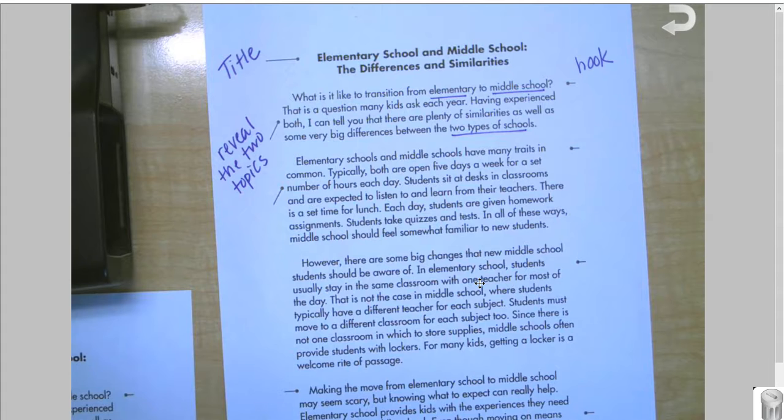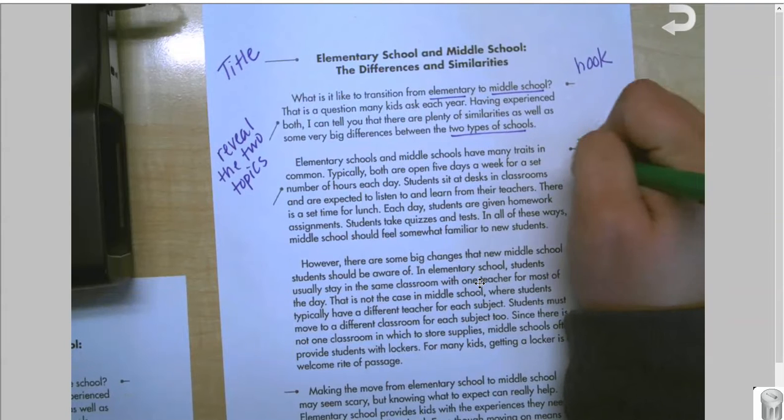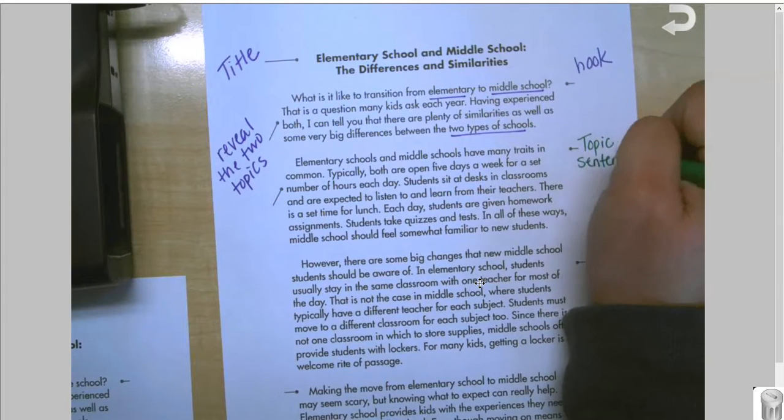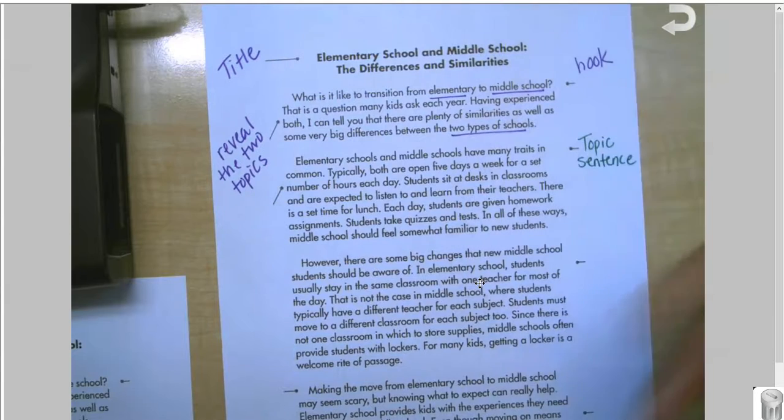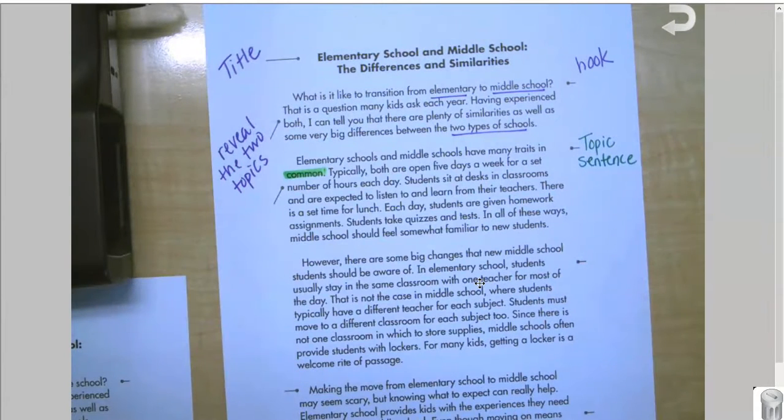So here, you can see that they first start out with a topic sentence. And I'm sure from some key words, you can infer that this paragraph is all about their similarities. You see words like common, okay?